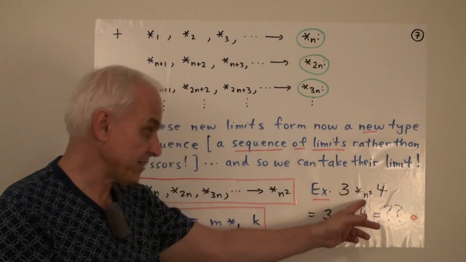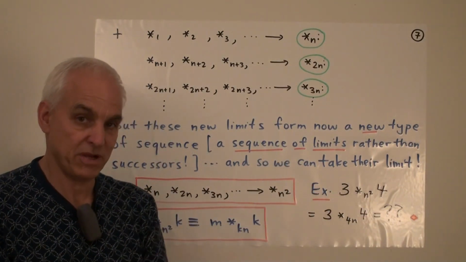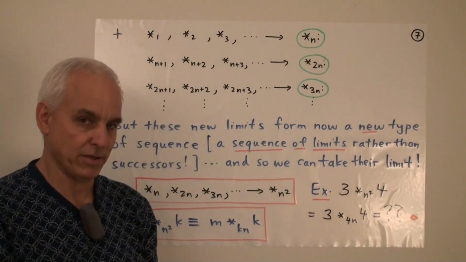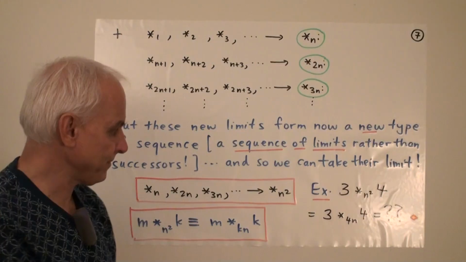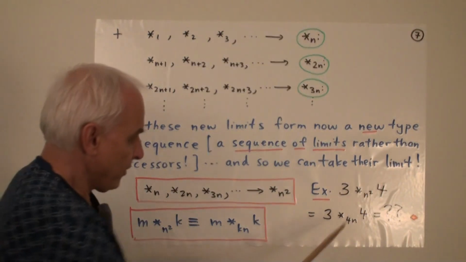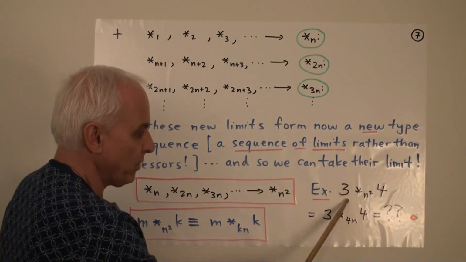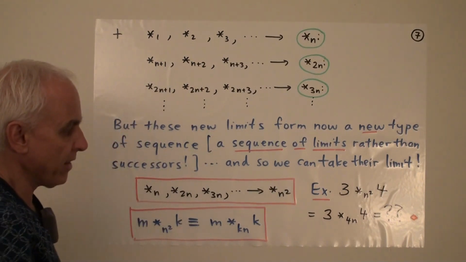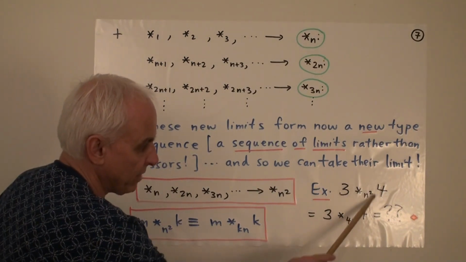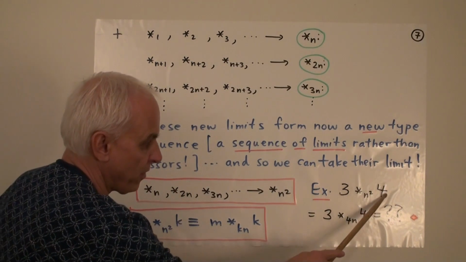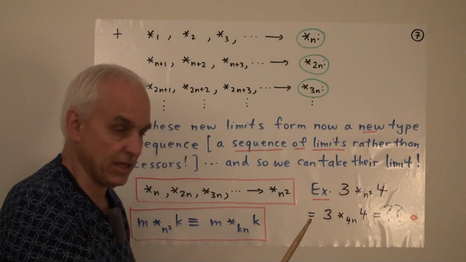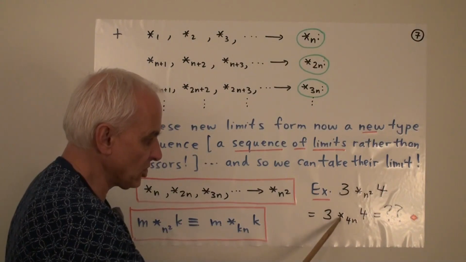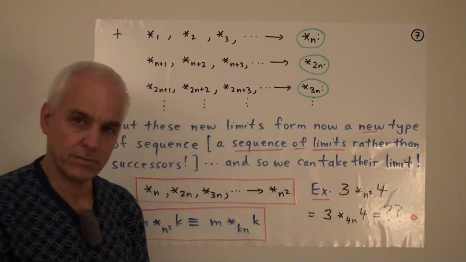These are numbers, and this is an operation, like exponentiation or the triangle operation, but somewhat fancier, somewhat more complicated. The definition here tells us that we need to interpret this by replacing the n squared here with a fourth operation which defines this as a limit. So it becomes 3 star 4n 4.